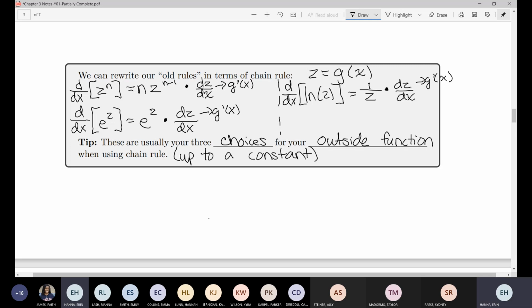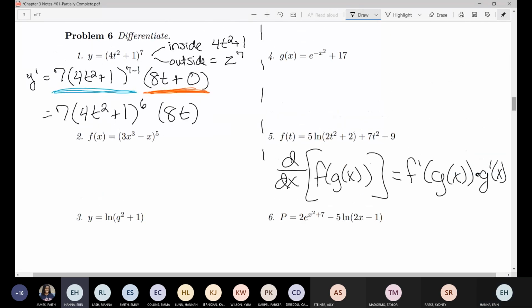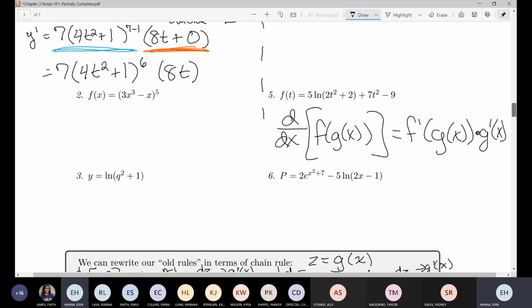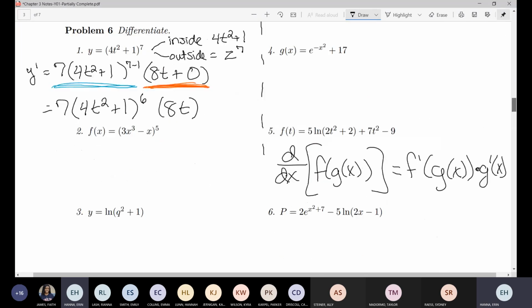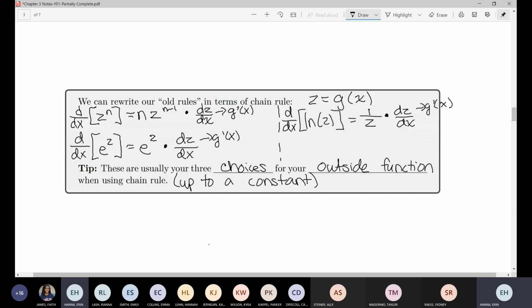She asked how to figure out what the inside function is. I would actually suggest focusing on the outside more, and then the inside just falls out. Let me scroll up. Like number 2, if I was trying to figure out which one of my three choices I'm in, am I something to a power, am I e to the something, or am I natural log of something?